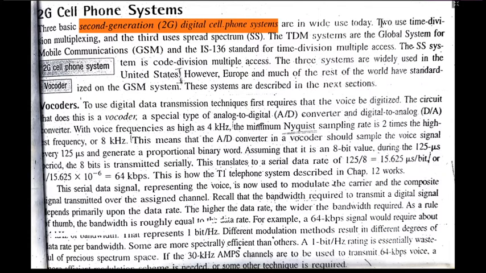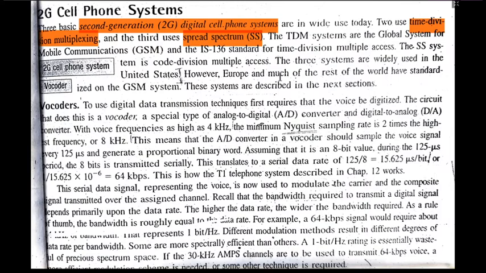So it is observed that more or less it is with the time divisional multiplexing technology, and the third one is known as the spread spectrum technology, which is nothing but the coded or CDMA technology.